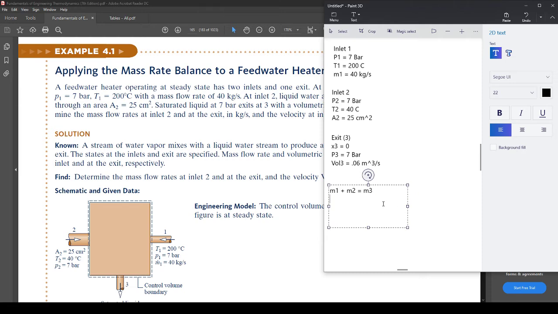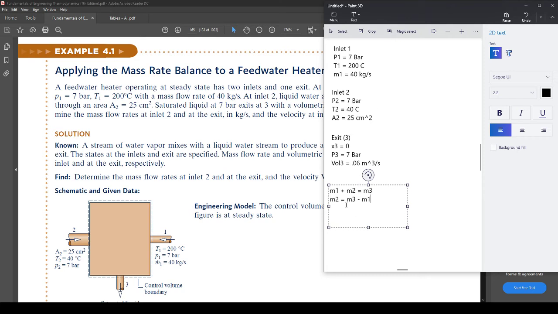So how can we rewrite this? This might be helpful for us: M2 is then equal to M3 minus M1, right? Because we know M1, you guys would agree. We already have M1, it's up here.